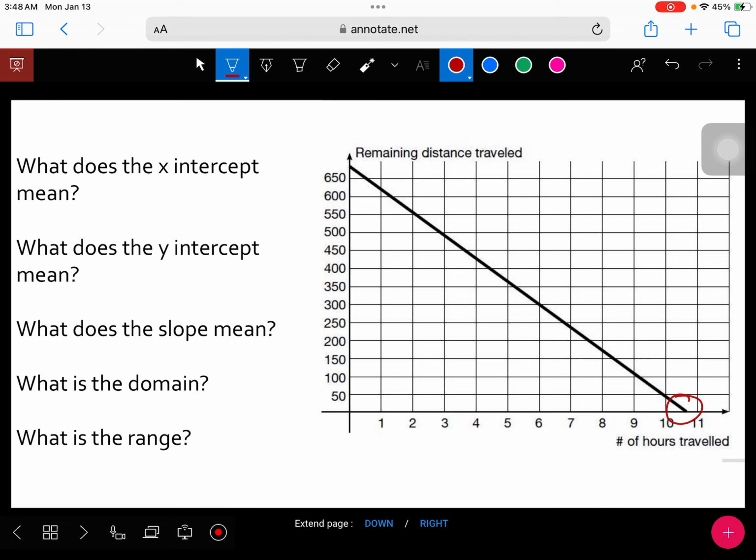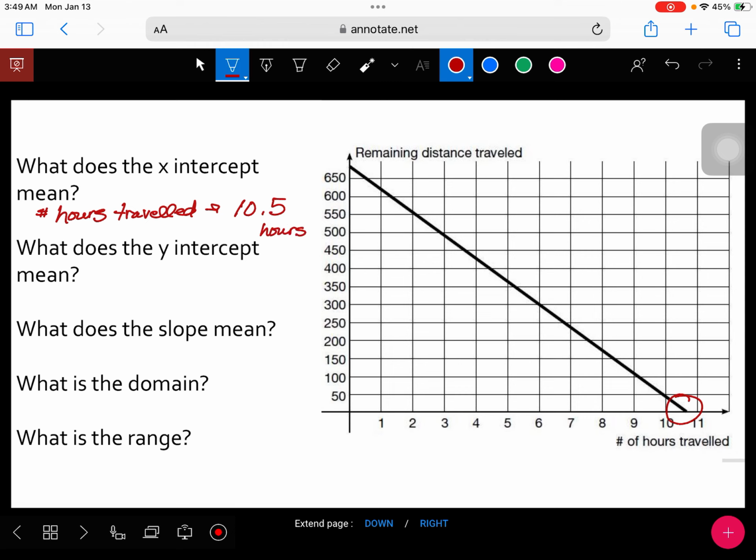So the x-intercept means that, I'm just looking at my cheat sheet here for a minute. The x-intercept is the number of hours that they traveled to get to Disneyland, which is 10.5 hours.